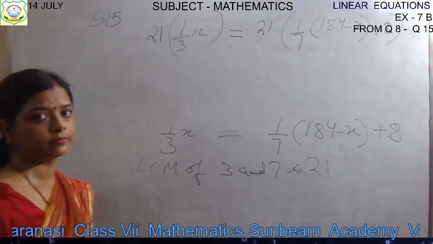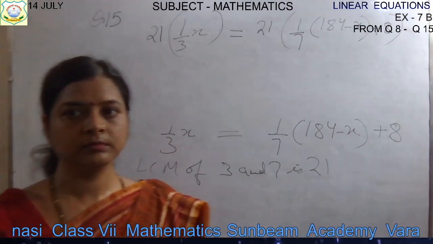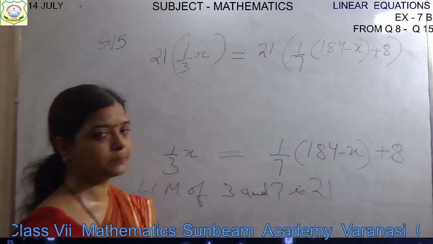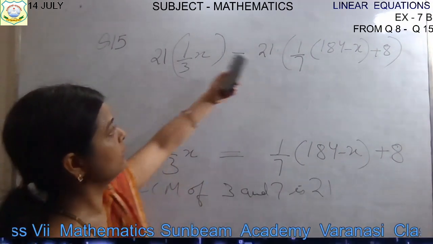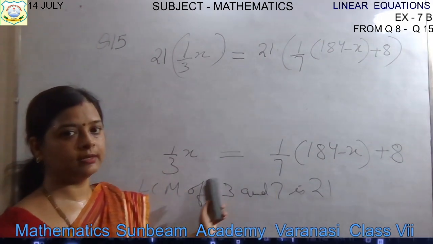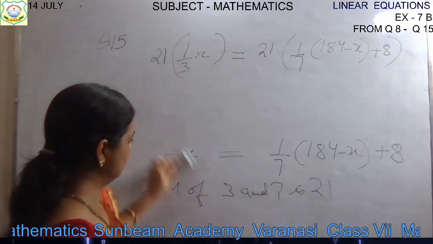Okay, it's not looking. Let me adjust. I think now it is visible. Okay. Multiply 21 on both sides. Why 21? Because the LCM of denominator 3 and 7 is 21.